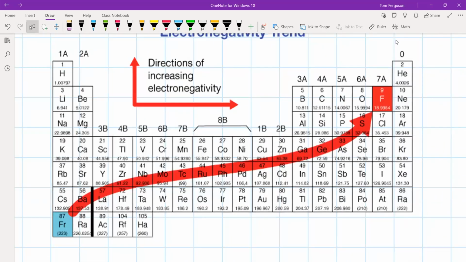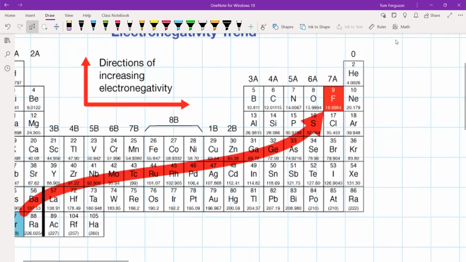Okay. You might have seen a chart like this in 305 and maybe not. Intermolecular forces are centered around electronegativity values. The more electronegative something is, the more polar that atom is because it wants electrons.